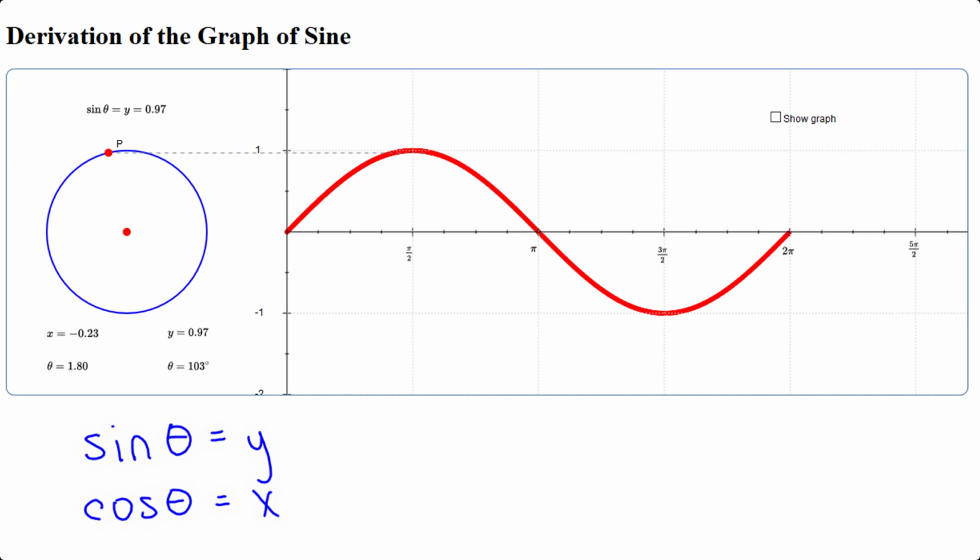It's just going to redraw the same points over and over. But you can be assured, if you press the show graph button, that this will give you the graph of sine. And it does go on in both directions toward infinity, repeating the exact same pattern. So that's where the graph of sine comes from.